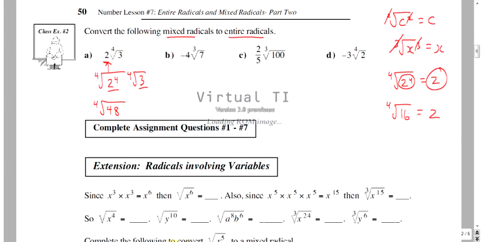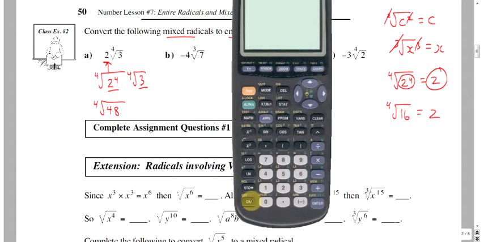Let's just check that one, because I'm really confused. 2 times the 4th root of 3, that's what this is, 2.63.